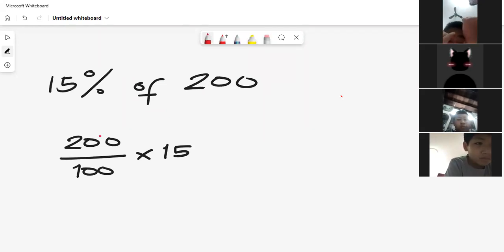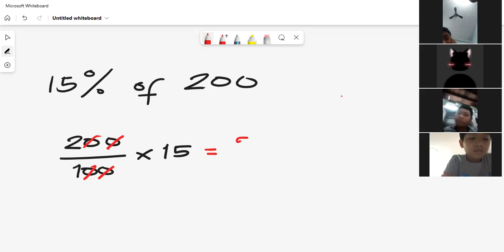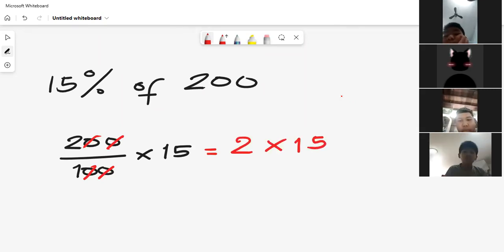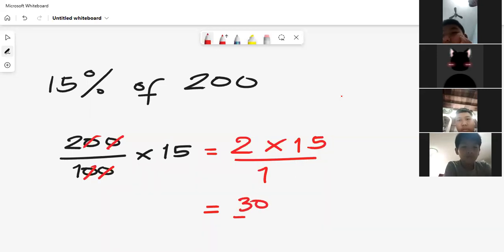Okay. 2 in the numerator, 2 in the denominator. It will become 2 times 15 over 1 is equal to 30. 30 over 1 or 30.